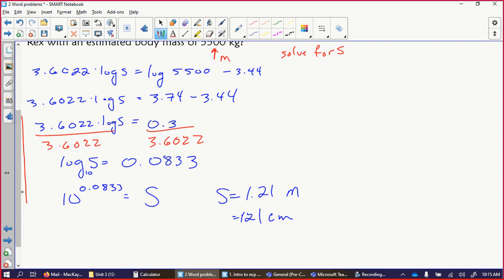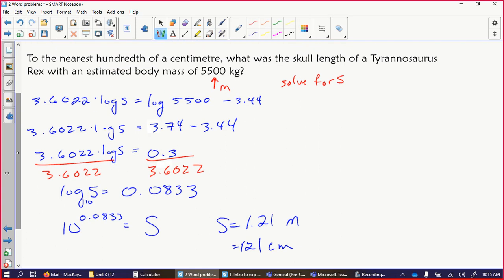That would be the kind of how we want to go about that sort of thing. It looks like it's going to be more complicated than it is. With logs, there's multiple different ways we can do some of these. We want one on their own. So get the log by itself, and then go from there.